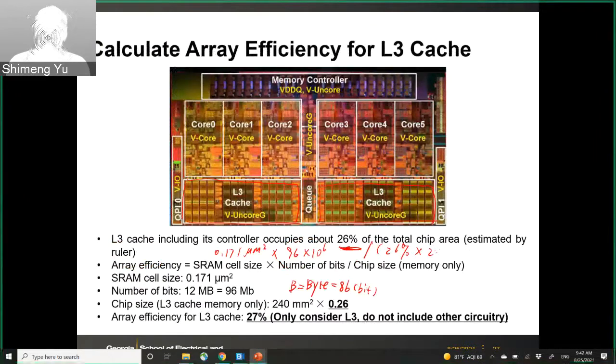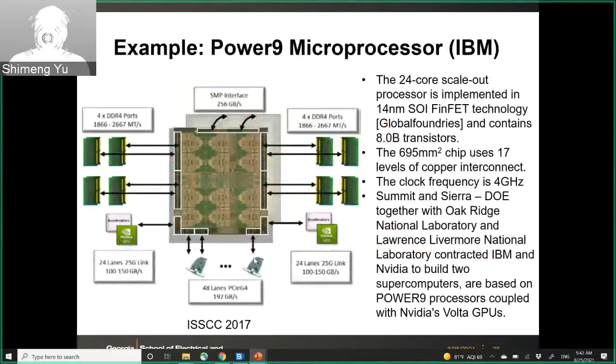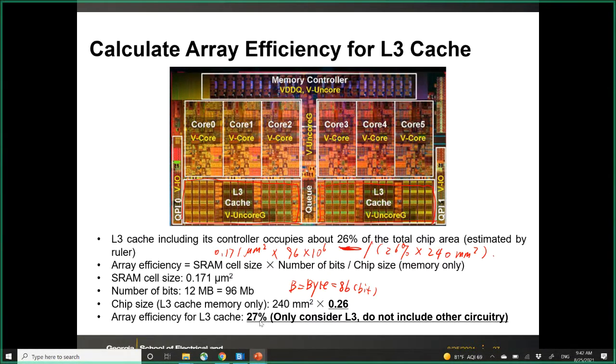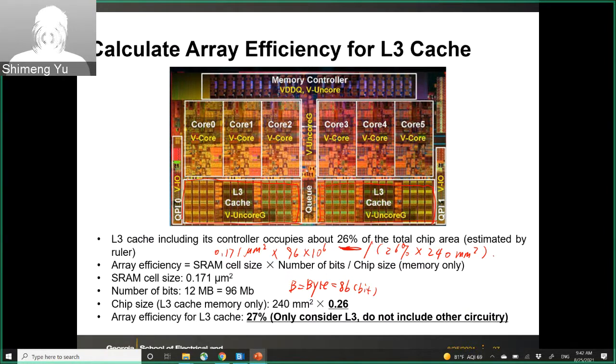Of course, you need to convert the units a little bit. Here is micrometer square, this is millimeter square. So you convert the units, and then in total you will find out the L3 cache efficiency is only about 27% in this example. So the efficiency is pretty low for the SRAM.